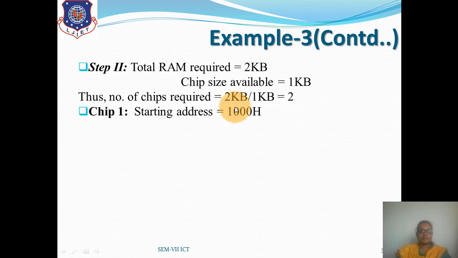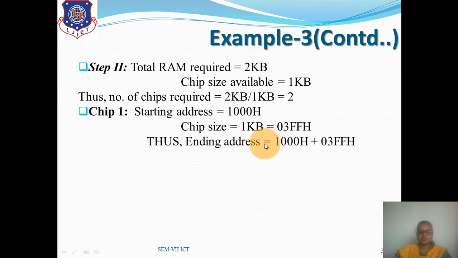For chip 1, the starting address given is 1000H and the chip size is 1 KB. When we see this in the memory map, 1 KB means 10 address lines, that is, 0 to 9. So the offset will be 03FFH.